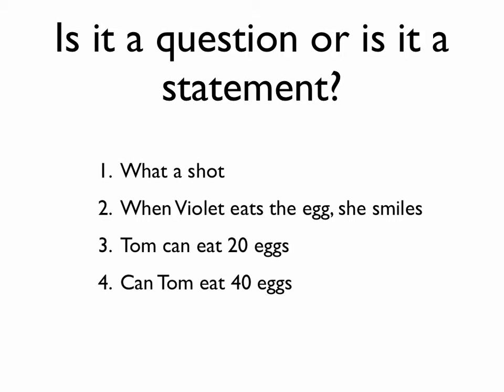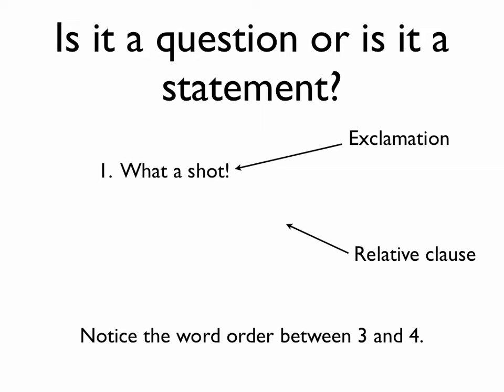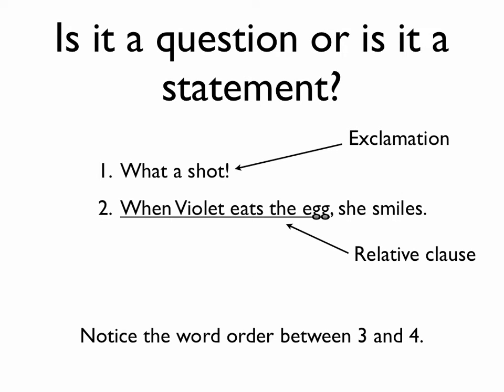Tom can eat 20 eggs, and 4, can Tom eat 40 eggs? So you can hear number 4 is going to be a question, and you can tell by the slight raising in my voice at the end of that sentence. So number 1 is an exclamation. What a shot. Number 2 begins with a relative clause.